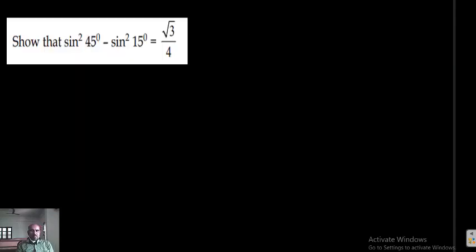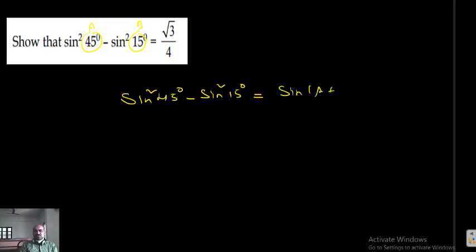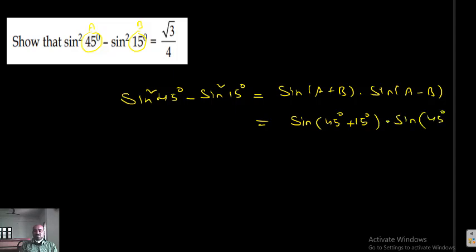One more problem. Students, take this as A and this as B. Again, sin square A minus sin square B. Sin square 45 degree minus sin square 15 degree is sin of A plus B into sin of A minus B. A plus B means 45 plus 15 degree, into sin of 45 degree minus 15 degree, that is sin 60 degree into sin 30 degree.